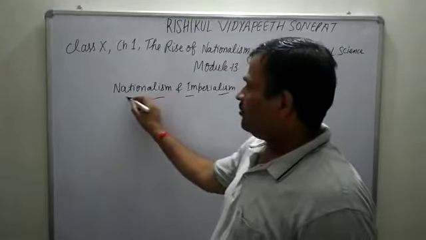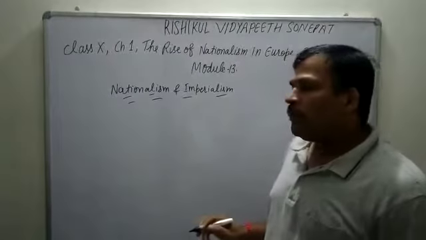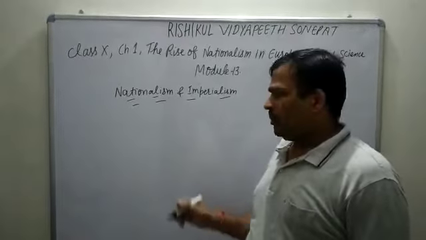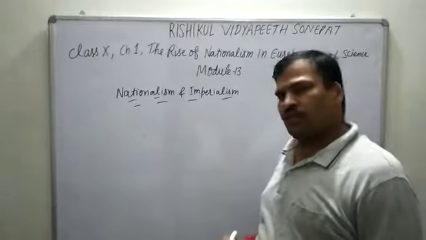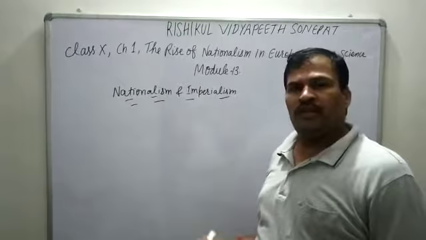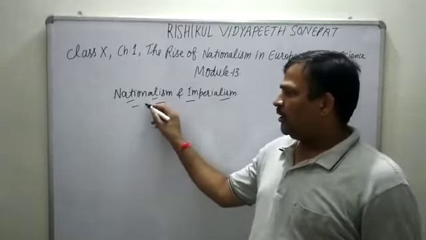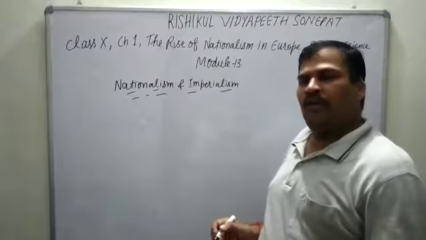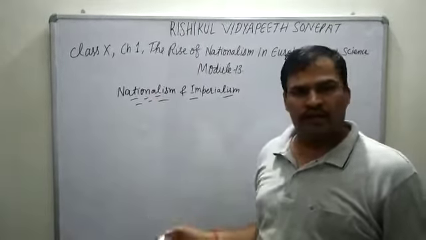Now, nationalism, you have read that in a nation, the people who live with a common language, common ancestors, common food habits, and are correlated, love their country, have devotion, and want to sacrifice their lives when the country needs.